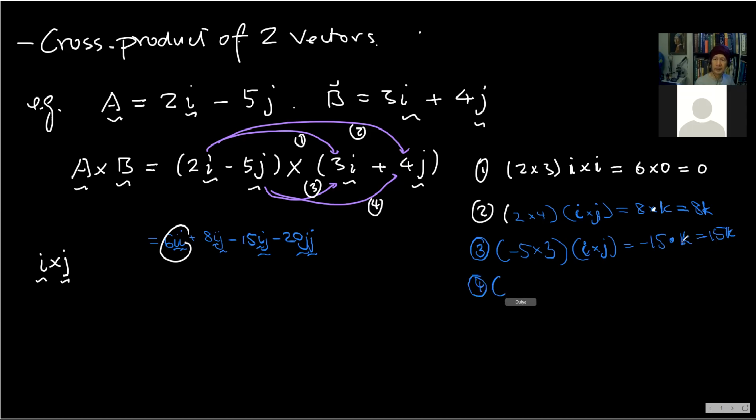Then, one moment. Did you change the sign or not yet? That is something you have to slow down when you first try this. In step 3, we are dealing with j cross product i. Do you remember? Don't forget the order.